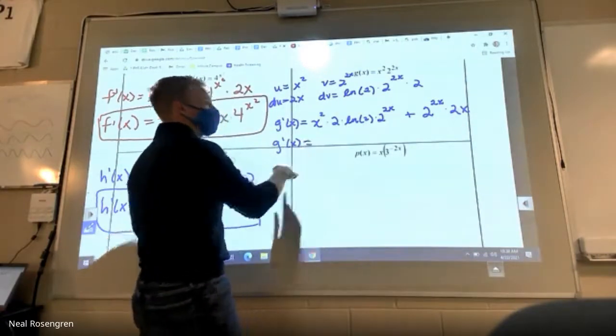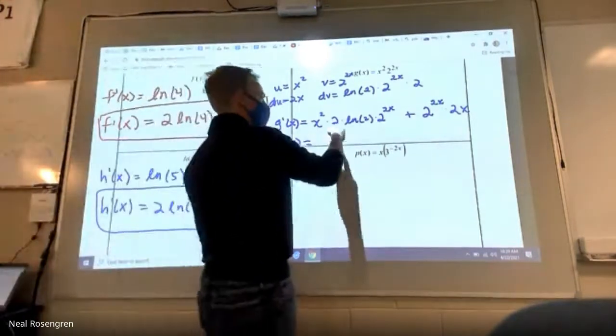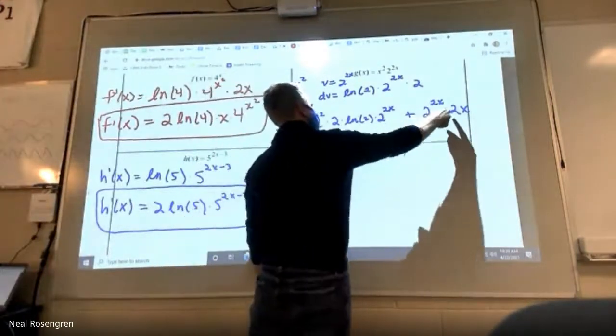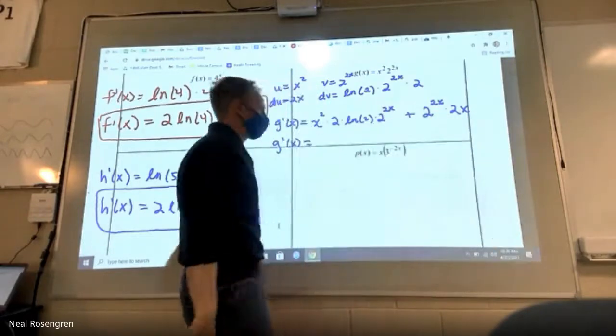Now, you have some choice here, I think. For me, with product rule stuff, when there's not much I can do to combine stuff after, pulling out the common factor of 2 to the 2x is fine. You can do that if you want, but I don't think it's going to get us very far. If you want to see what's in common, which I think is this 2 and that one of these x's with that one, and then this 2 to the 2x with that one, you certainly could.